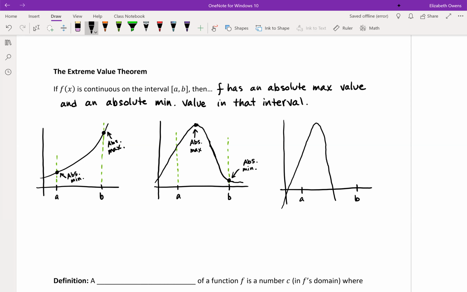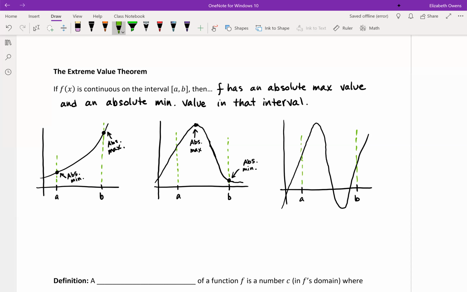I'm just being a little bit picky since we're trying to take notes on this stuff. Okay, I think this one will work nicely. All right, so there's a nice function there. I don't know what the actual formula for that function would be. It's kind of weird looking, but we're just focusing on the interval here from A to B.